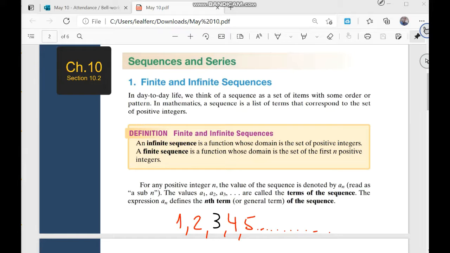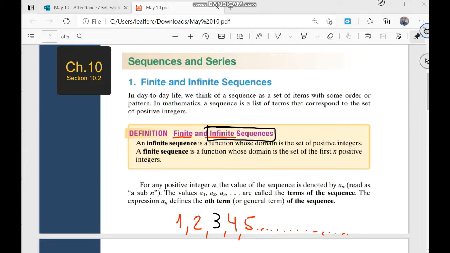We'll have no end. This sequence that has no end is going to be a finite or infinite sequence? What do you think? Finite or infinite? If it doesn't have an end, yes, definitely it's going to be an infinite sequence, right?